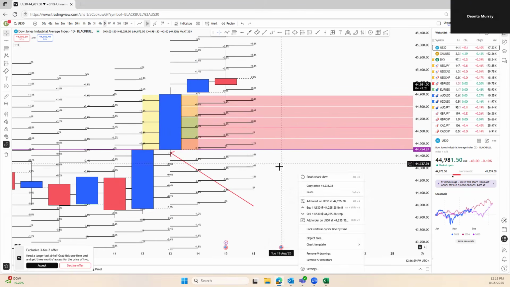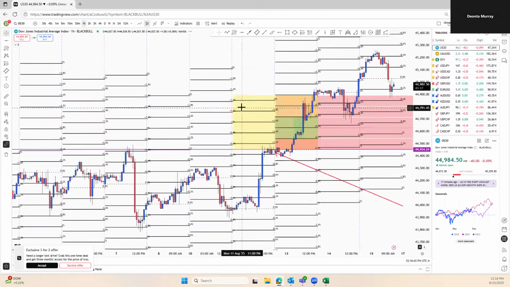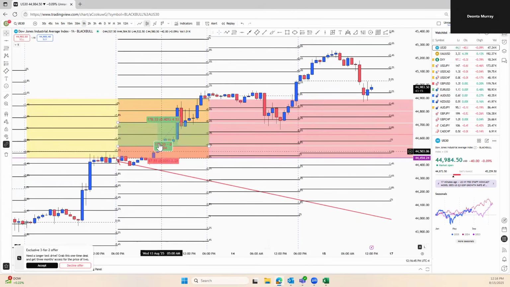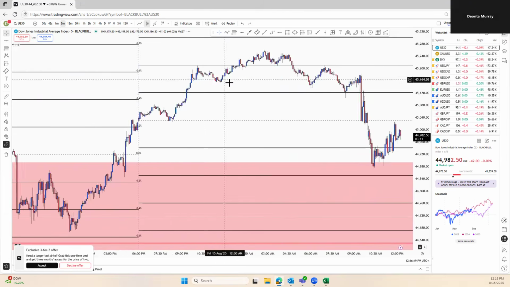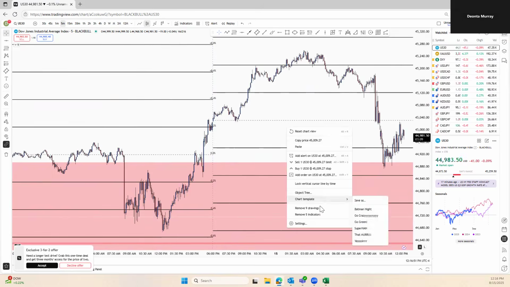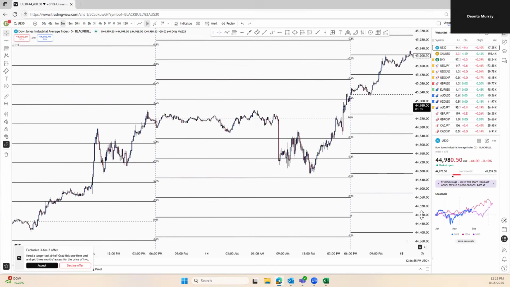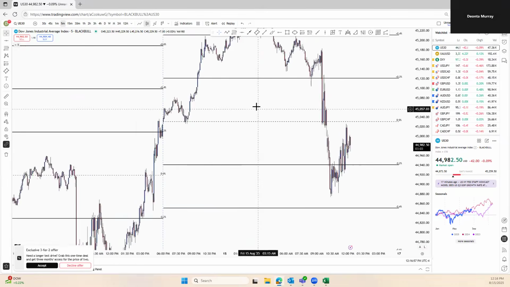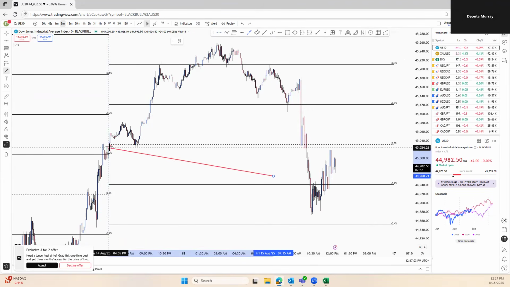Let me scroll down to the hour chart. Or really, let's just go down to M5. And I'm gonna clear off the charts. So basically every single day, let's look at it here. Every single day, price will open up here, right?